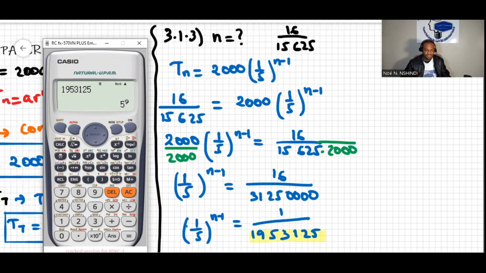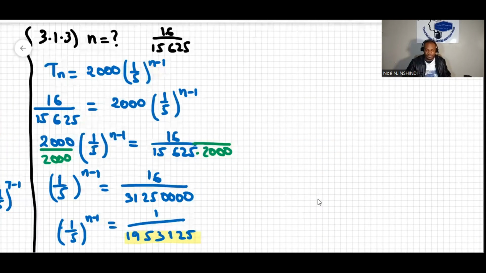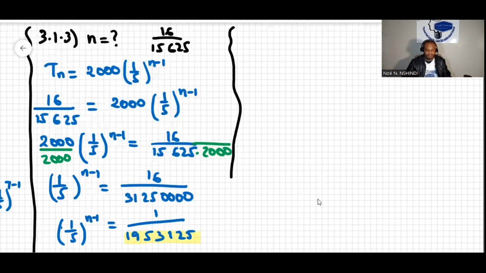So 1 over 5 to the n minus 1 equals 1 over 5 to the power of 9.